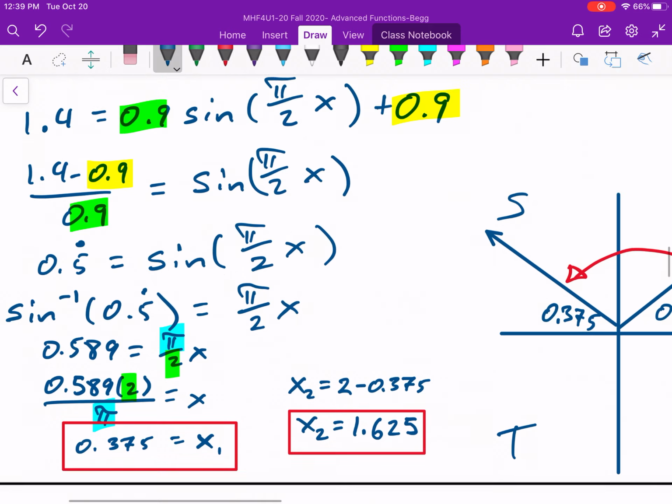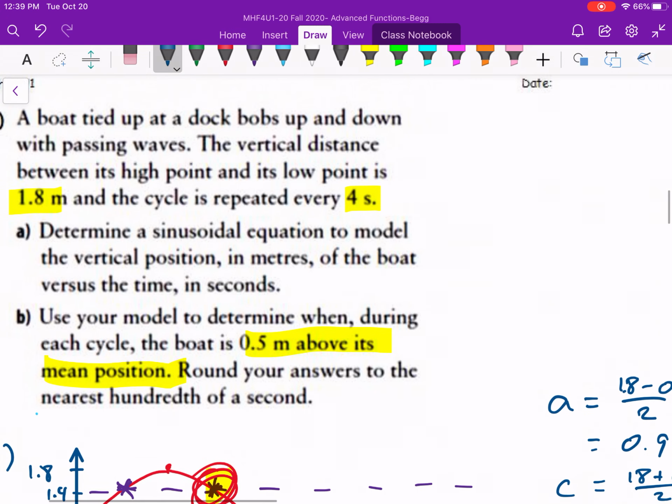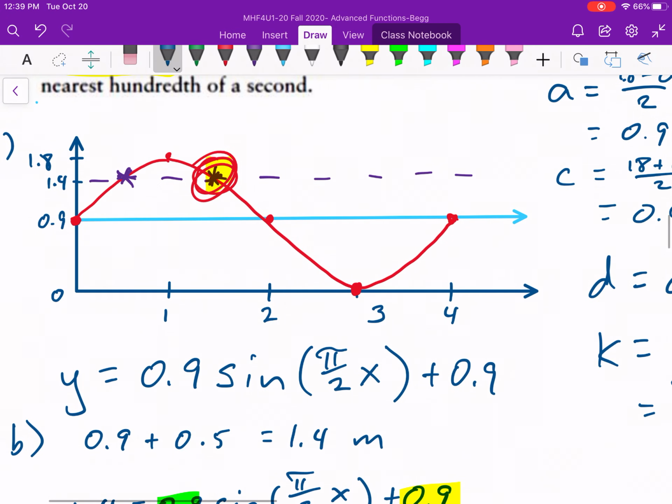So you can see in one cycle, this is the idea of a boat going up. The way I've drawn it, the boat starts to rise. After about 0.375 seconds, it hits this height of 1.4 meters, keeps going till it gets to 1.8 meters, right? Let's draw it out. So rising, hits 1.4 meters at 0.375 seconds, keeps going to 1.8 meters, then it starts to come back down.